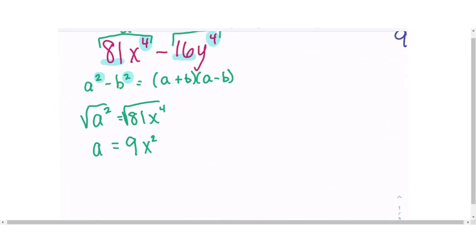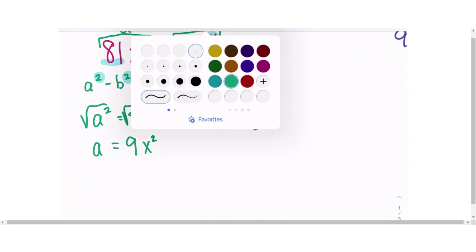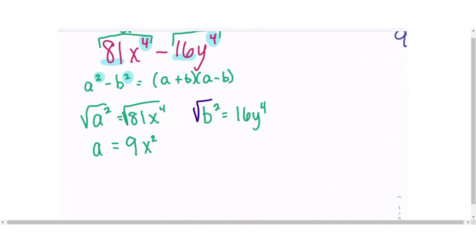Okay, we can do that. And then we can say that b squared is equal to 16y to the fourth. Again, we're going to take the square root of both sides. So then b would equal the square root of 16, which is 4, times the square root of y to the fourth, which is y squared.